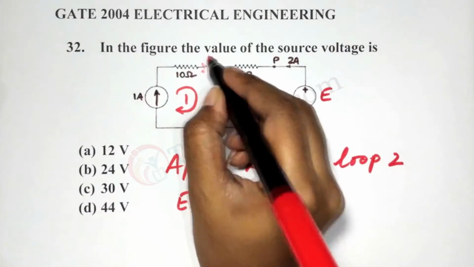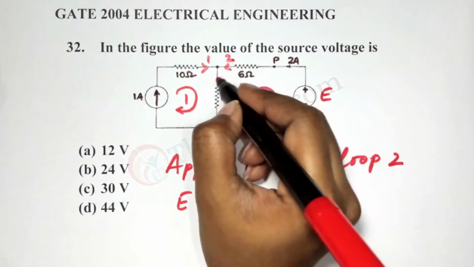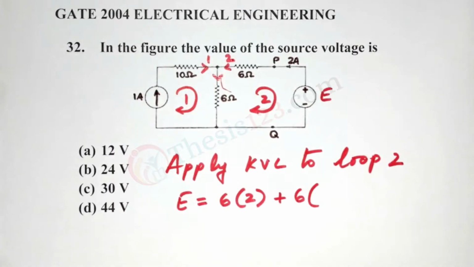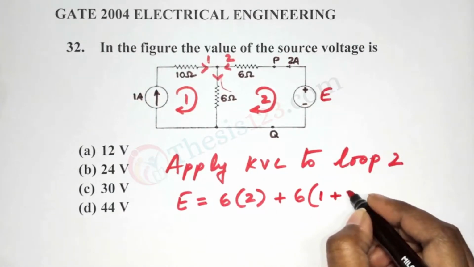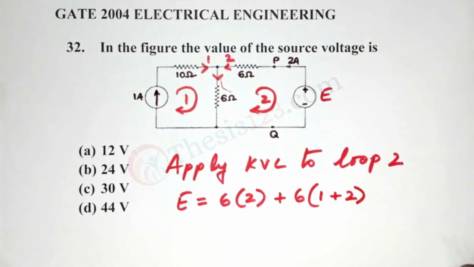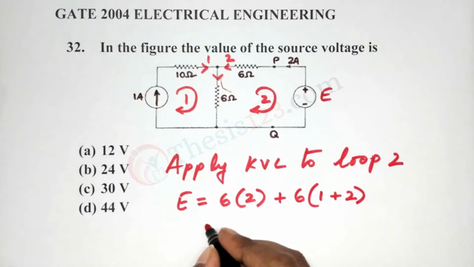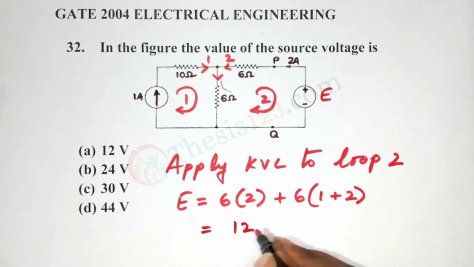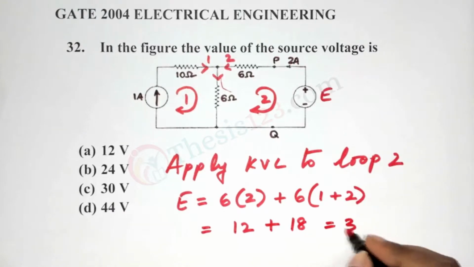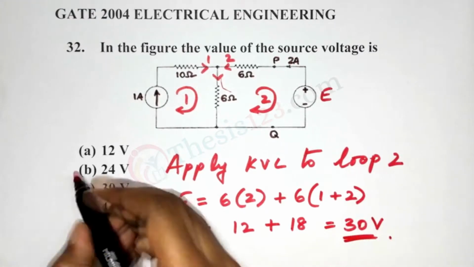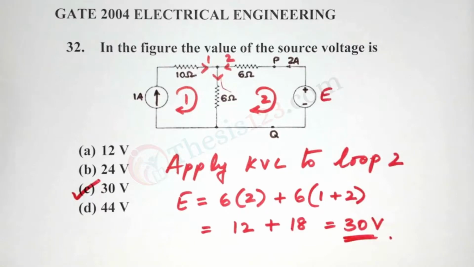Here we have 1 amp and here we have 2 amps, both passing through this branch in the same direction. So here it would be 1 plus 2. This is our expression. Now let's solve 12 plus 18, which gives us a value of 30 volts. And that matches option C.